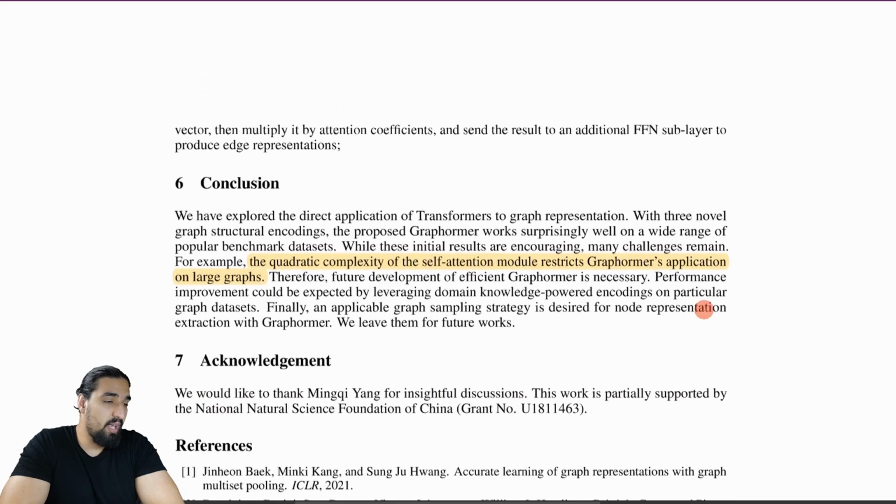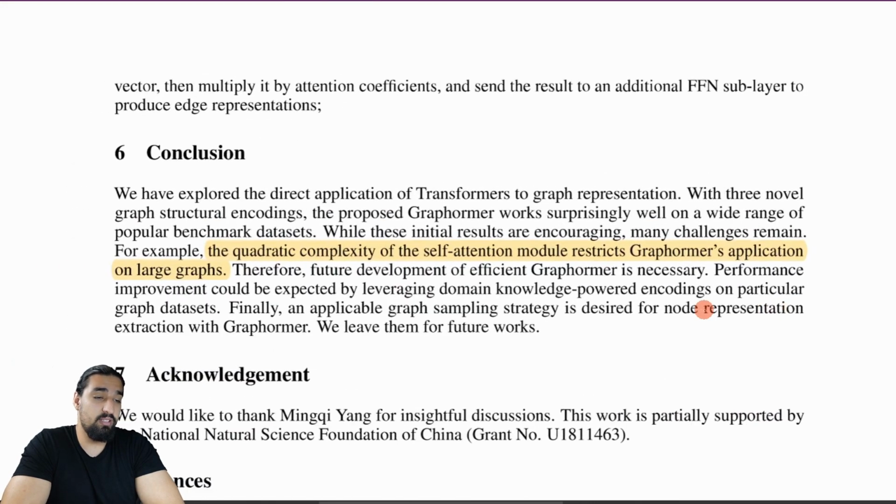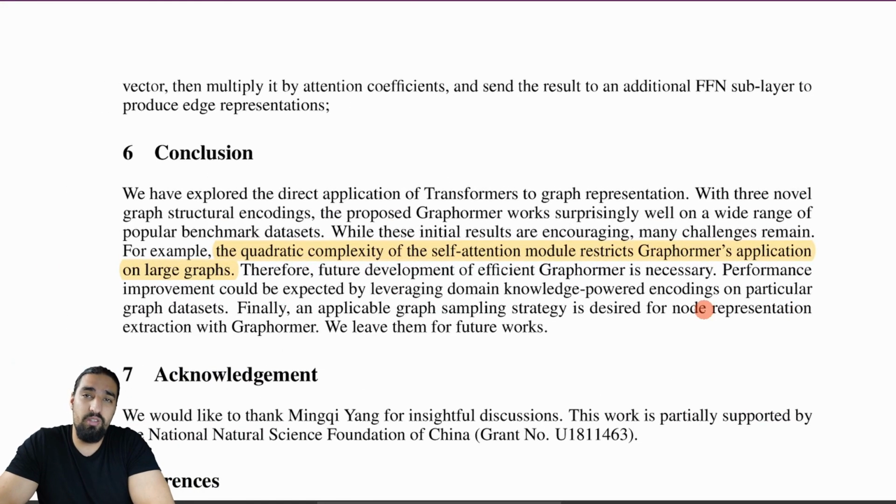Finally, as we know, transformers have a problem with scalability. At least the vanilla transformer, we have this quadratic dependency between the tokens because of the attention mechanism, and so the quadratic complexity of the self-attention module restricts Graphormer's application on large graphs, which is pretty much obvious.